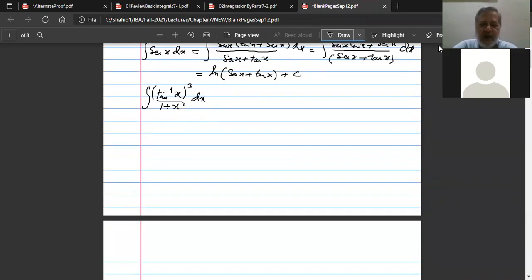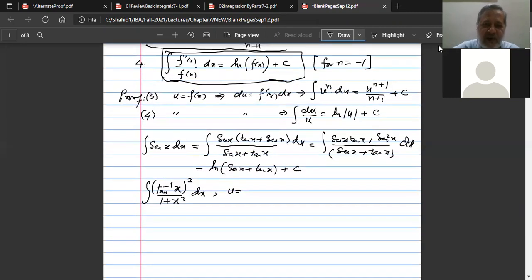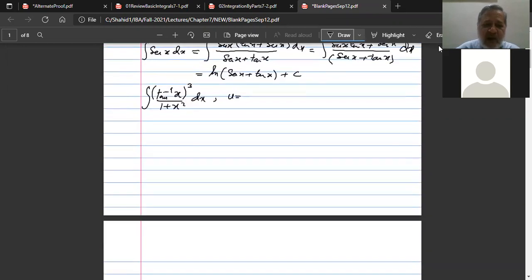If you are not able to recognize how to apply the technique, the trick is to use the same process that you use to prove the formula. The function that has the power, tan inverse, you make it the variable u. And I hope some of you know the derivative of tan inverse x is 1 upon 1 plus x square.